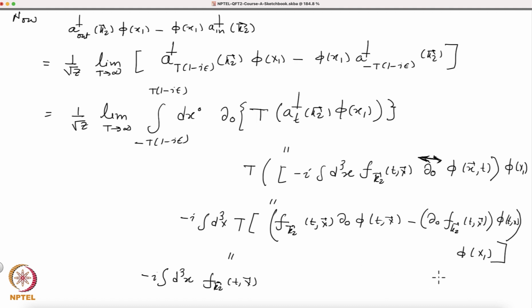Here you have two operators, del naught phi and phi x1. So the time ordering operator acts on del naught phi and phi x1, so that is what I should write. I'll make sure that you verify that whatever I'm writing is correct. T, and then you have the time ordered product of phi t x times phi x1.